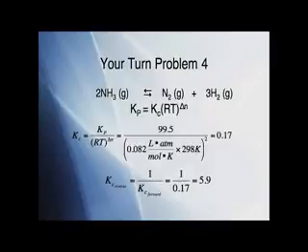So when we convert Kp to Kc for this reaction, we get 0.17. And then we want to find Kc for the reverse reaction, so all we do is take Kc for the reverse, which is equal to the inverse of the Kc for the forward reaction, or 1 over Kc forward. So this would equal 1 over 0.17, which is equal to 5.9. Hopefully you did well with that.